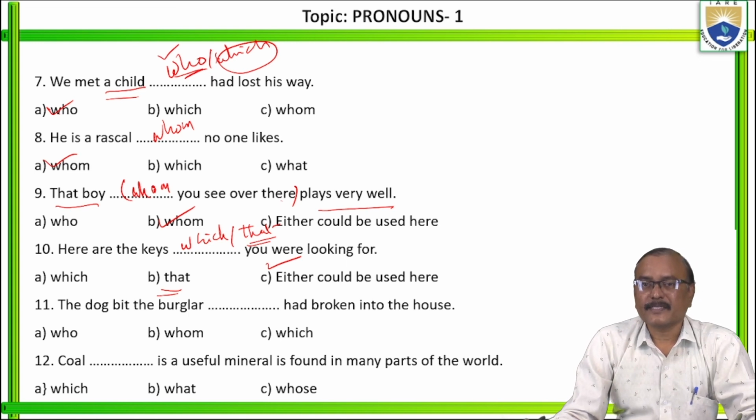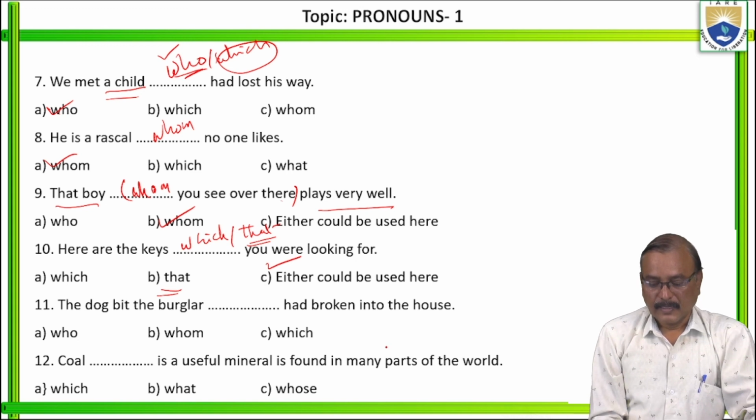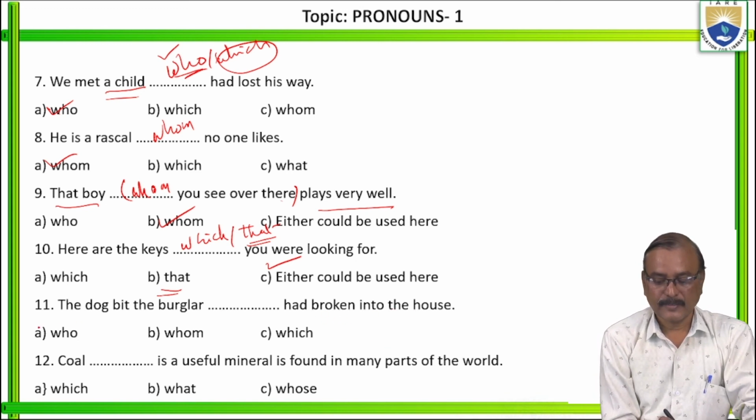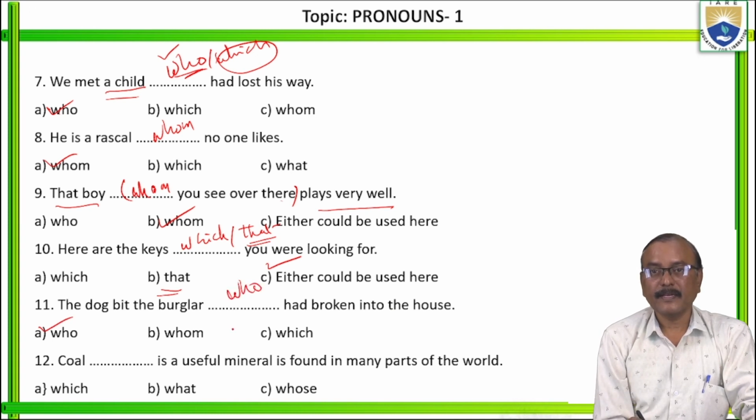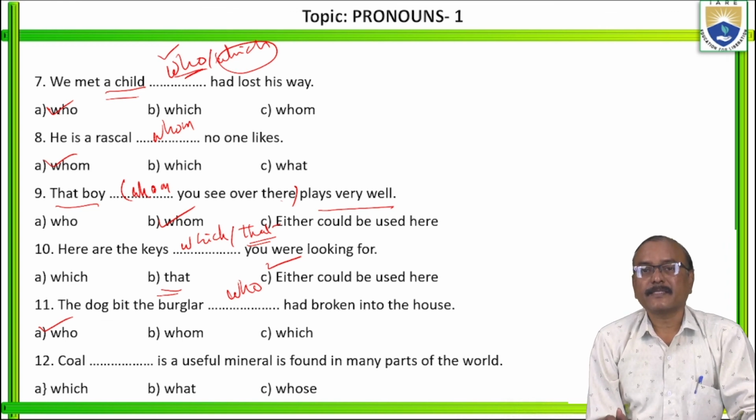Okay? Next. The dog bit the burglar who had broken into the house. Who had? Right? The dog bit the burglar. Bite, bit, bitten. You know that. The dog bit the burglar who had broken into the house. Next.